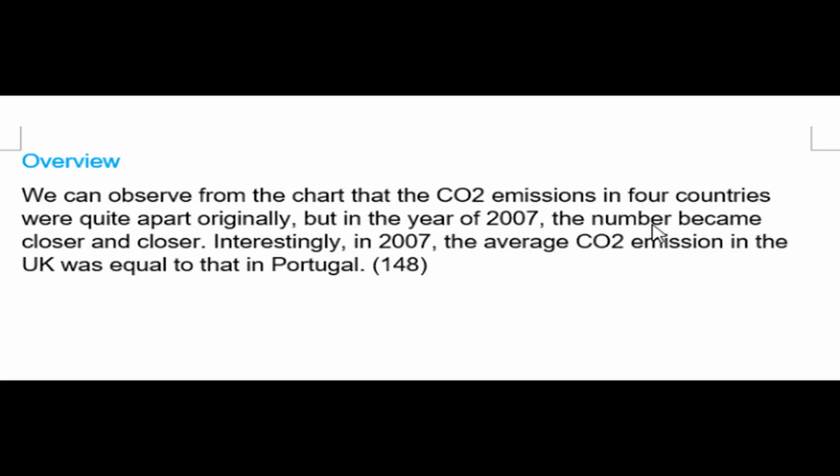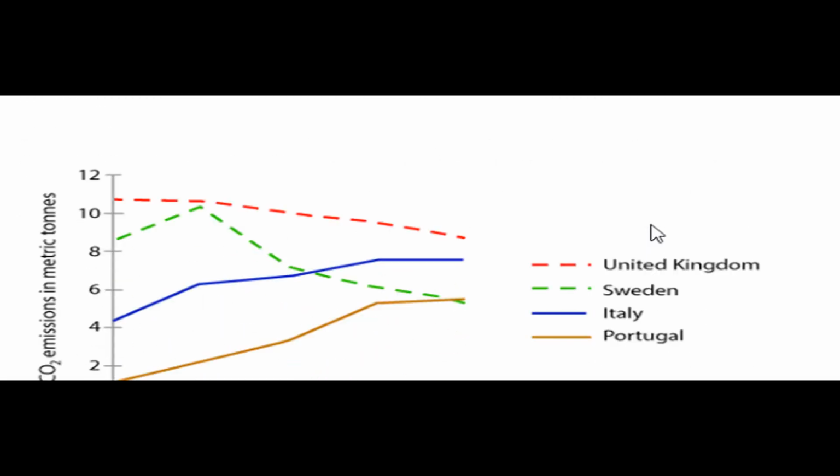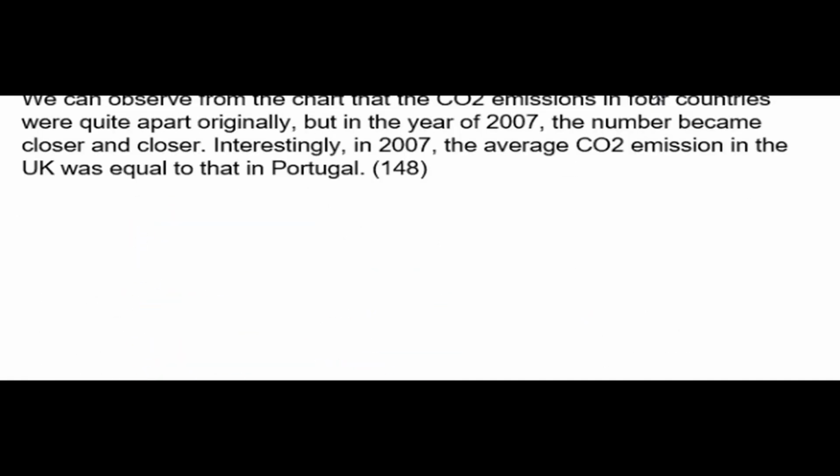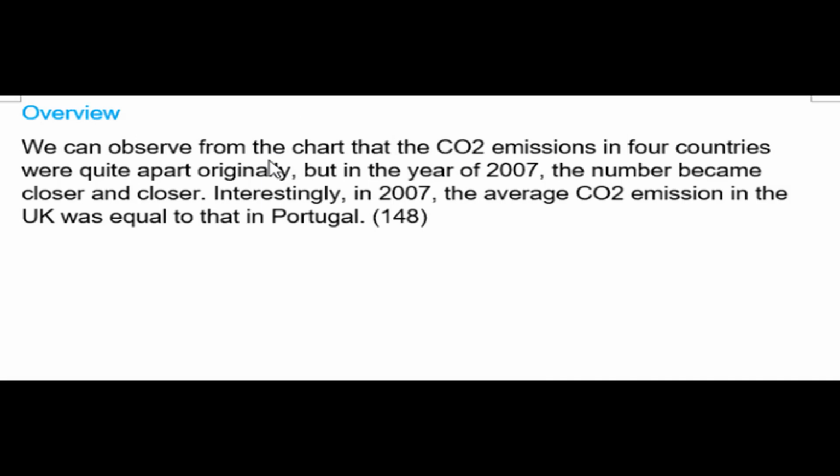The number. Now, why is it number? Because there are 4 numbers, right? The numbers became closer and closer. Okay. I don't know if I would say closer and closer. I would say the gap narrowed. Or perhaps the gap between the numbers narrowed.